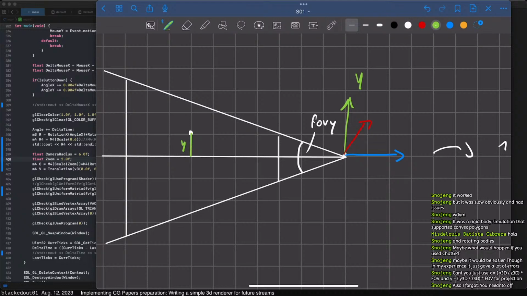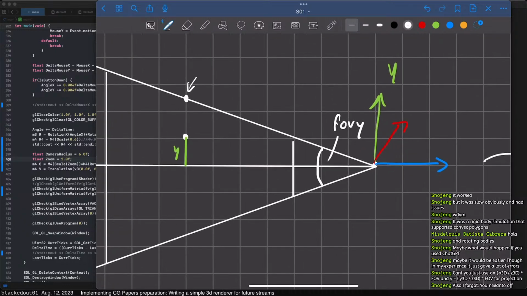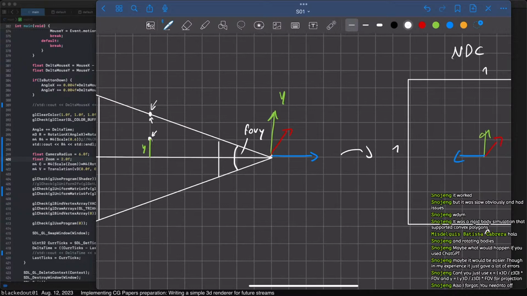And okay, so what we need to do is we need to figure out the height at the view frustum here at this point, because then, if we know that this is the maximum, we can just divide this here by this, and then we have the point in a range from -1 to 1.